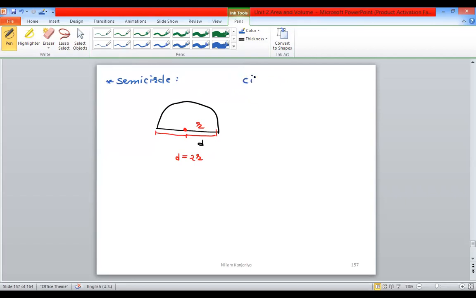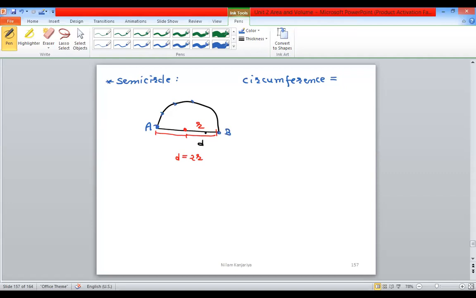Circumference means, this is my A point. I'm traveling from A and want to reach A again.